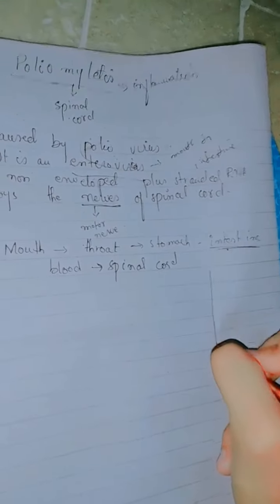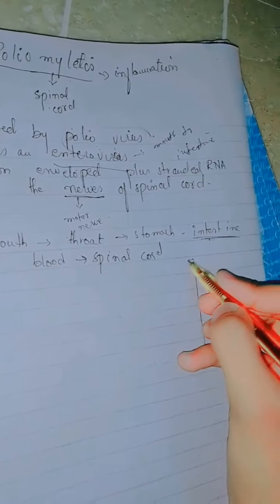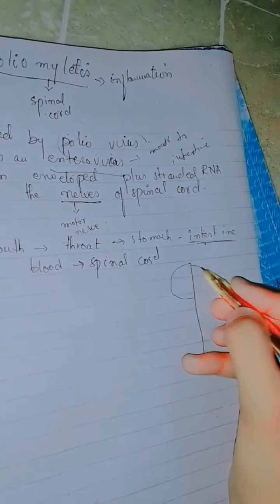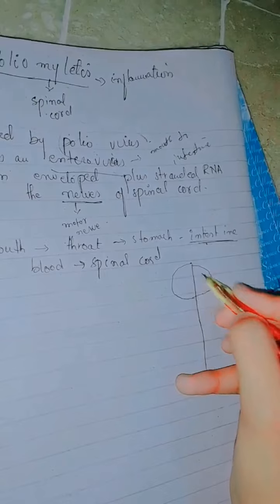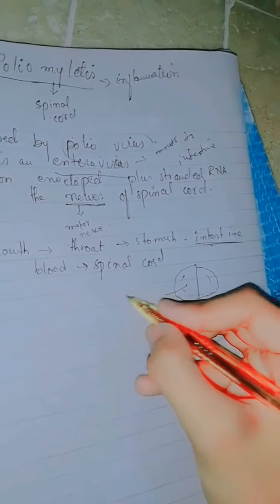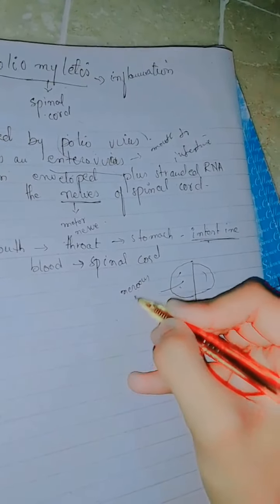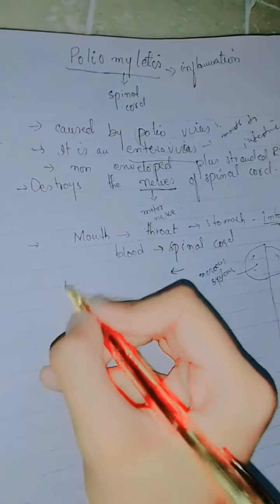Let me draw the rough structure of a spinal cord. That is basically a brain. That is our nervous system. There are two types of nervous system.